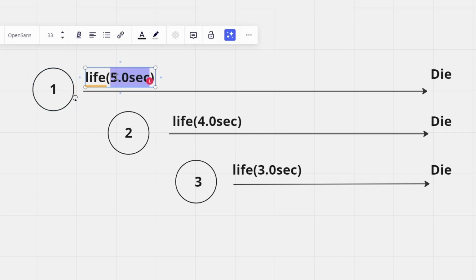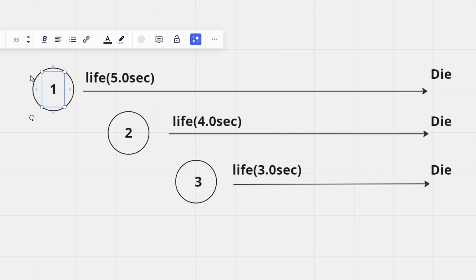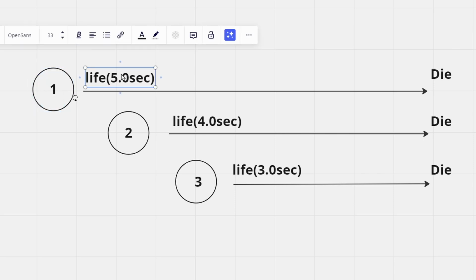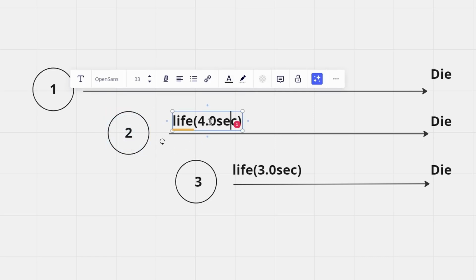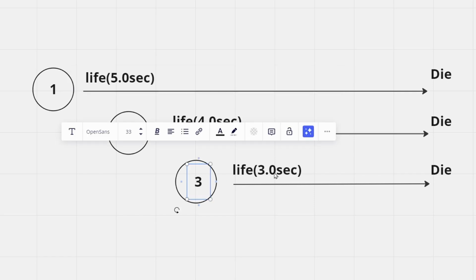For example, the first index is 5 seconds of life, but the life is always decreasing, and life equal to 0 means die. The second one has a life of 4 seconds, and the third one 3 seconds.